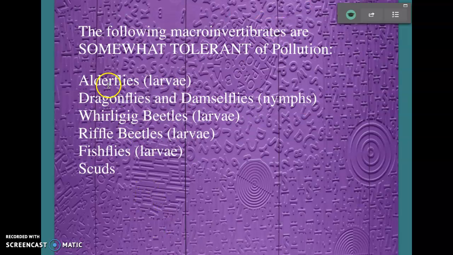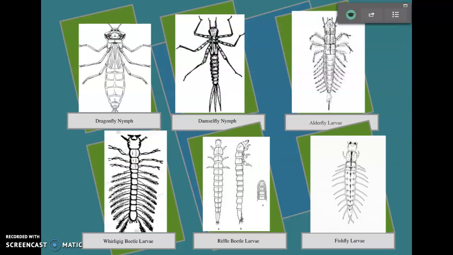This is a list of the macroinvertebrates that are somewhat tolerant to pollution, sort of a medium range. These can handle a little bit of pollution, but not a lot. And these are the images that you are looking for.